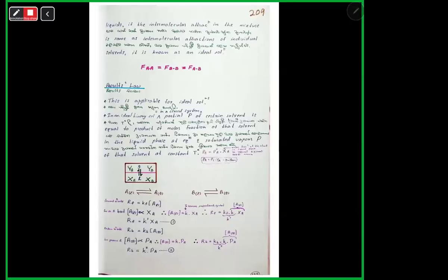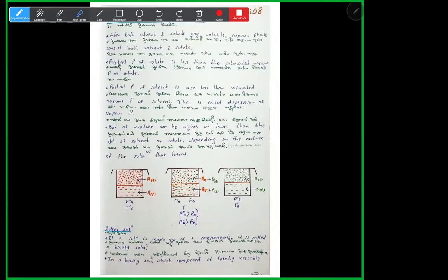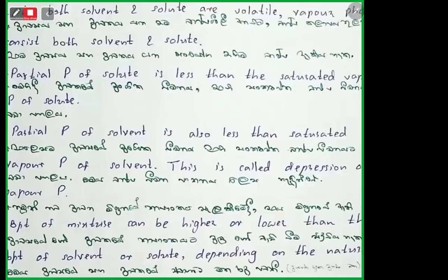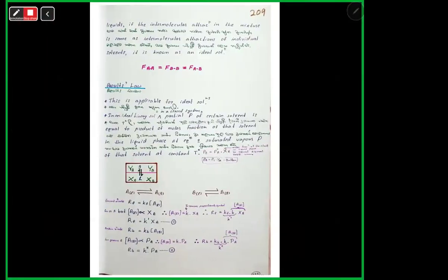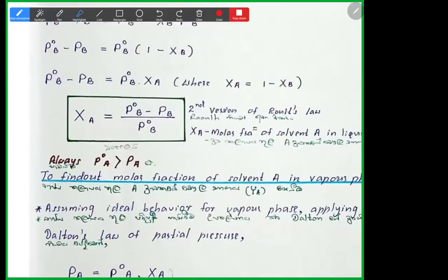See? P naught A is always greater than PA. So PA is less; P naught A, the saturated amount, is always greater. If you get the difference between these two, that is the vapor pressure depression, since it is decreasing.